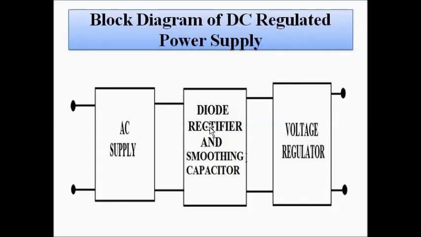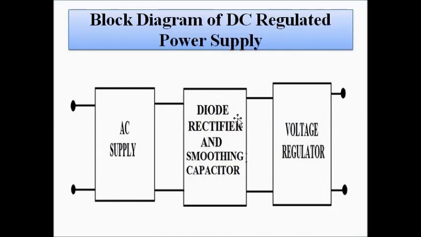We have already discussed the full wave rectification process in detail, so please see those videos on the half wave rectifier and the two types of full wave rectifier, the center tapped and the bridge type, and only then see this video, because here we are only going to discuss the smoothing capacitor and the voltage regulator concept.